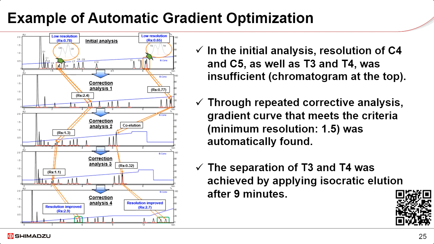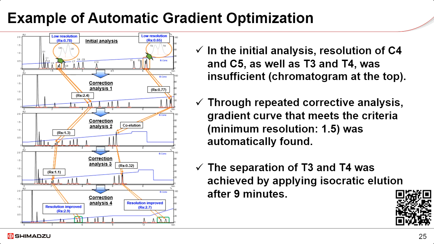Here we see an example of the automatic gradient optimization process, where the top chromatogram corresponds to the initial run of the data. Here we can see that there are two co-eluting species that do not meet the resolution requirement, one earlier in the chromatogram and one later. As the first iteration of corrective analysis is performed, we are able to get the resolution desired on the first pair, the early eluting pair, but still not quite there on the later eluters.